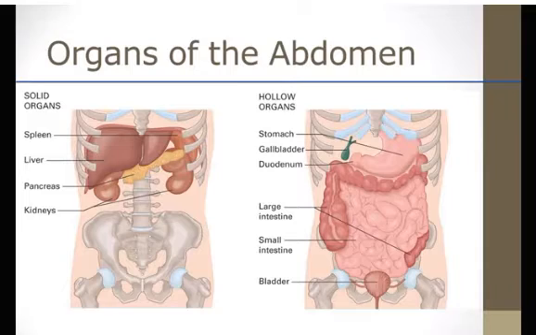Now, if you look over on the other side of the screen, here's a small diagram of the hollow organs that are in the abdomen. The stomach, the gallbladder, which is very small and sits over on the upper right-hand side of the abdomen. The duodenum, which is part of the intestines. We have the large intestines, we have the small intestines, and then clear down in the bottom there we have our bladder.